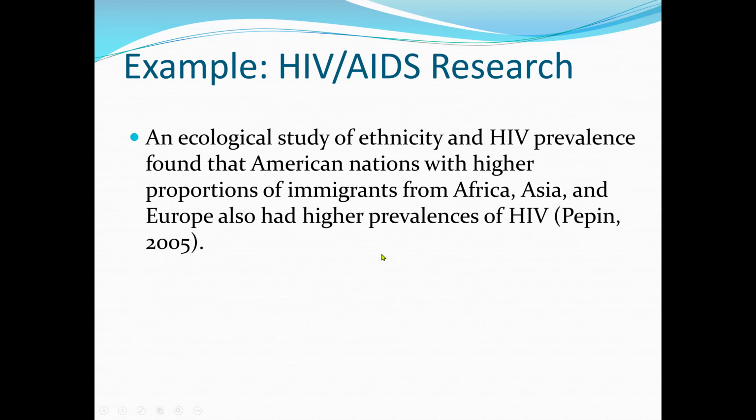Again, the fallacy is that we want to apply to specific people from a specific geographical area that the majority of them have HIV. It can be true, but again, not all of them.